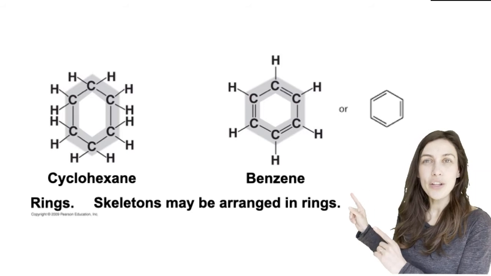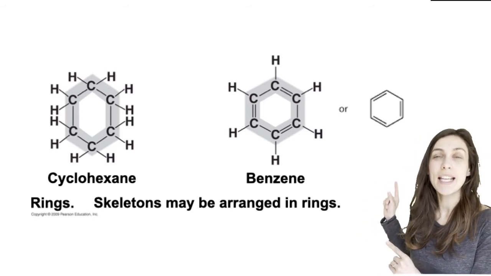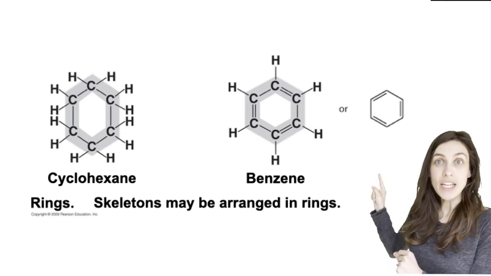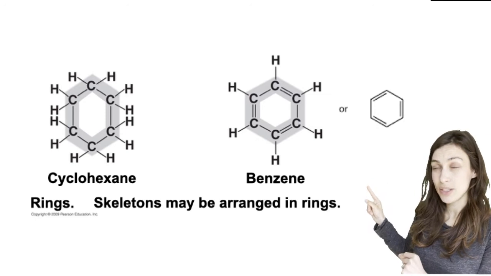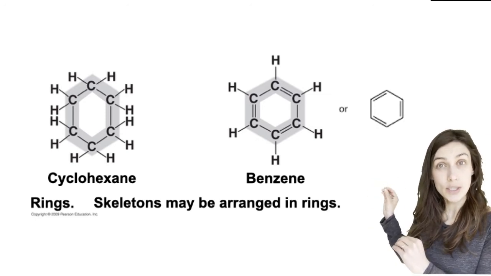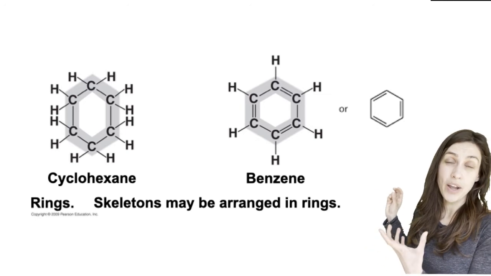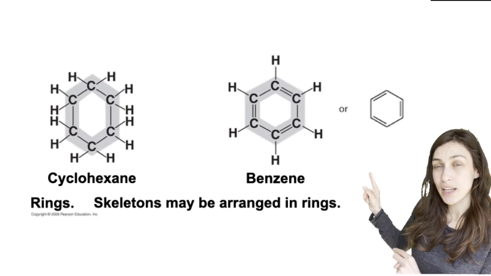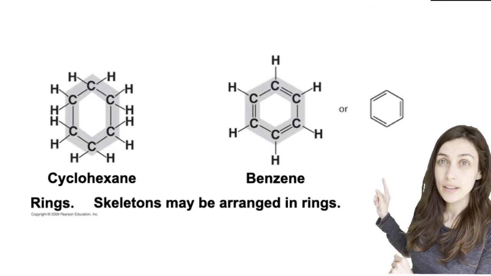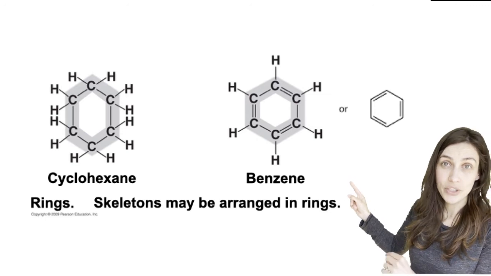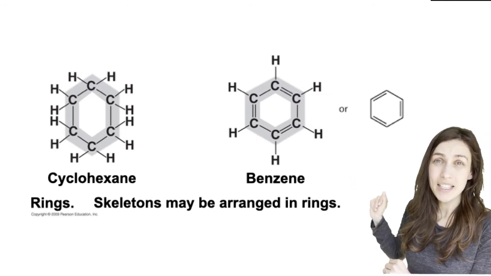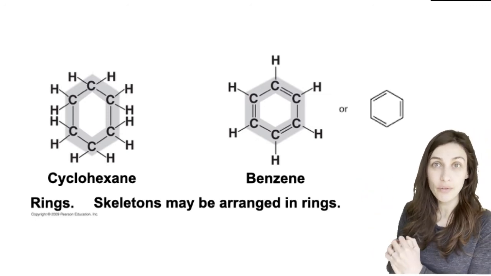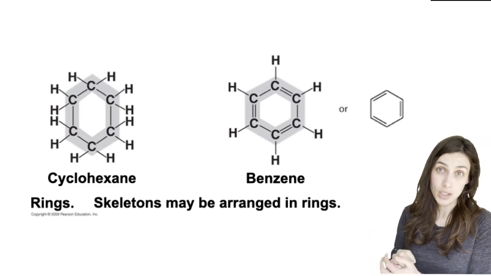And notice on the very right-hand side is the skeletal structure of the benzene molecule. Each corner is representing a carbon. So there are 6 carbons, and we just assume that there are the maximum number of hydrogens that can fit with each carbon. So if a carbon is participating in a double bond on one side and a single bond on the other side with its neighboring carbons, then it will only have 1 hydrogen sticking out, because carbon can form only 4 covalent bonds.